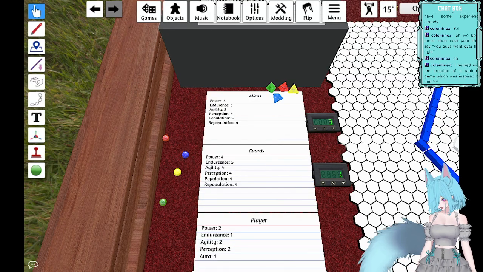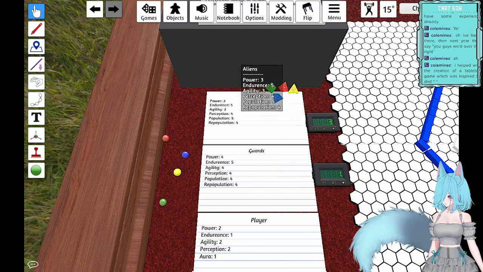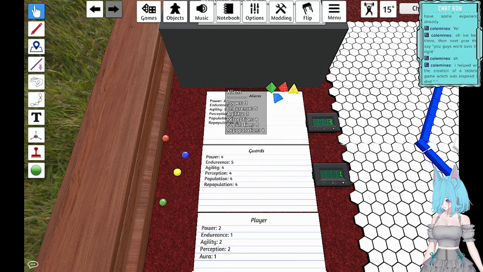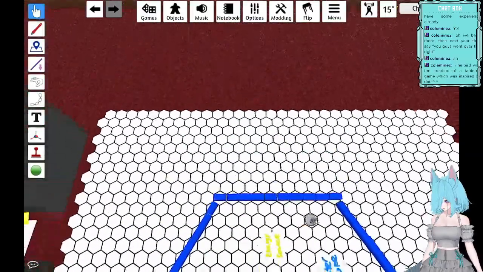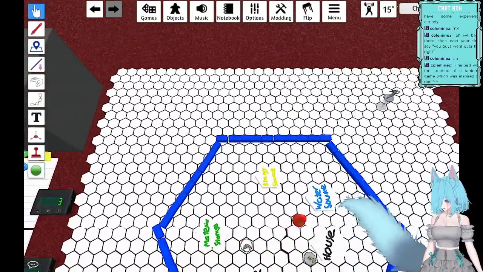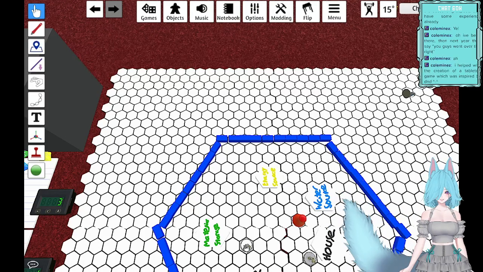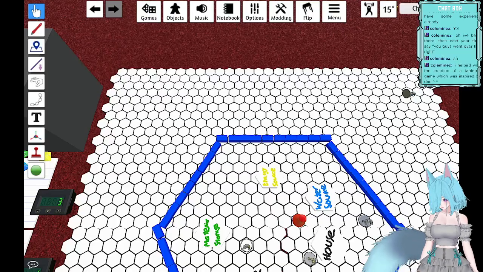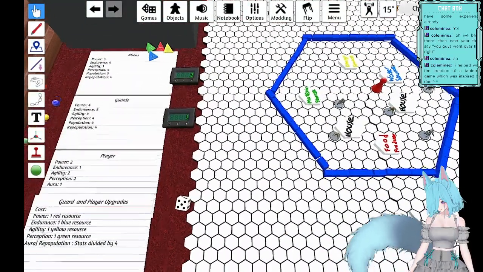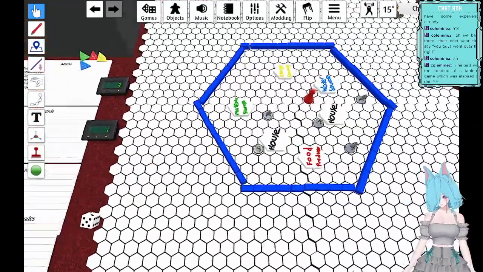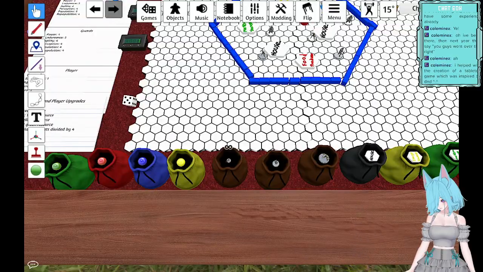So, yeah. We lose 1 guard, which I just gotta say, this guy, gone. Kick him out of the city. And we're gonna deal with 2 aliens, which are these guys.